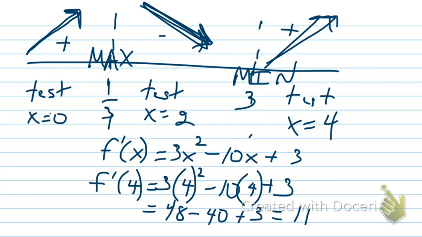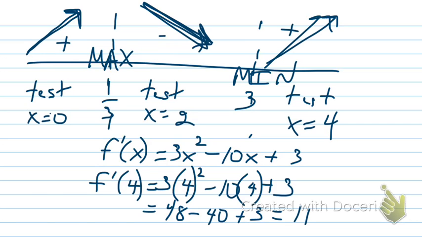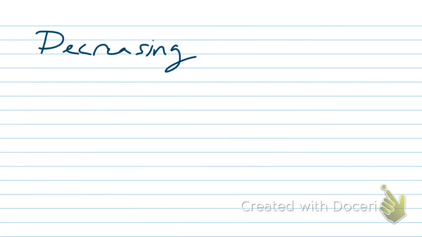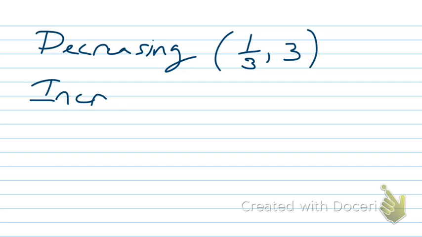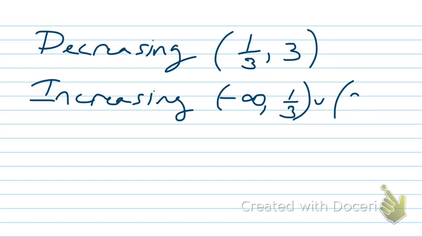Well, let's go ahead and state our intervals of decreasing and increasing. We'll say that this function is decreasing between 1/3 and 3. We found that it was increasing between negative infinity and 1/3, also from 3 to infinity.